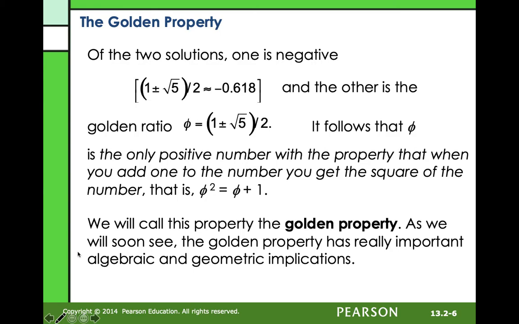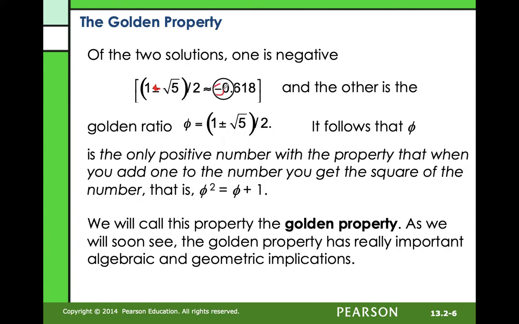Of those two solutions, one of them is negative: if you take 1 minus the square root of 5 over 2, you get negative 0.618. The other one is what's truly the golden ratio, which is 1 plus the square root of 5 over 2. I think there was a typo in there. Keep in mind that this first one would be taking 1 minus the square root of 5 over 2.